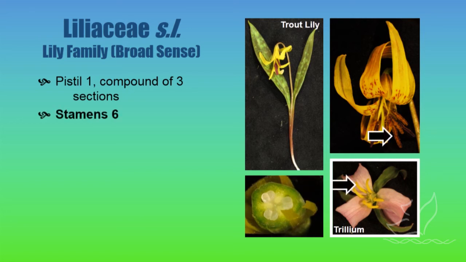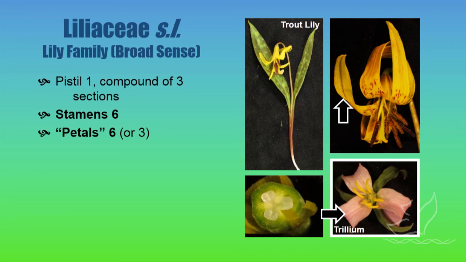Stamens are 6. You can see the 6 stamens very clearly in these pictures. Now, the petals can appear to be either 6 or appear to be 3. So there are 3 petals in the trillium. In the trout lily, it looks like 6 petals. I've got petals in quotes because technically only 3 of those are petals.